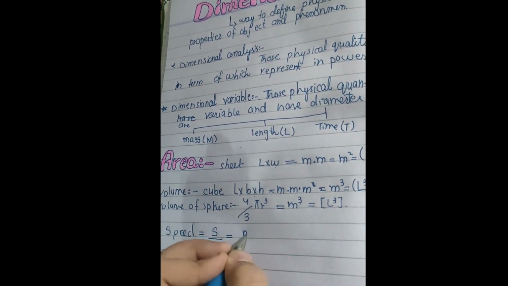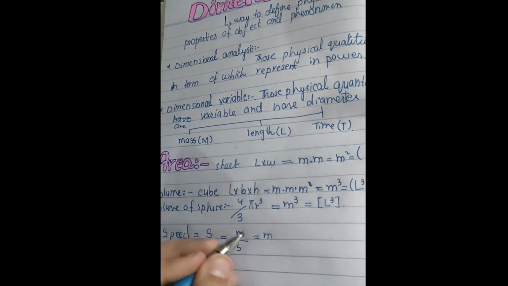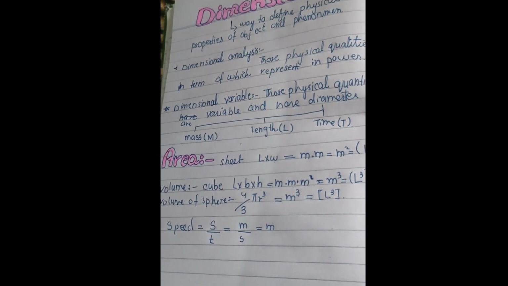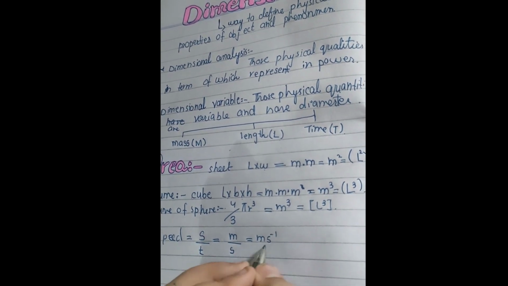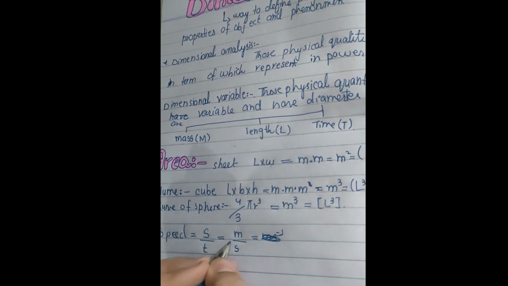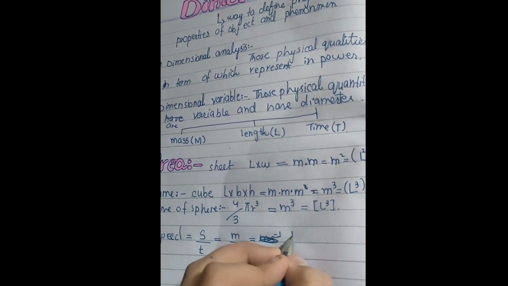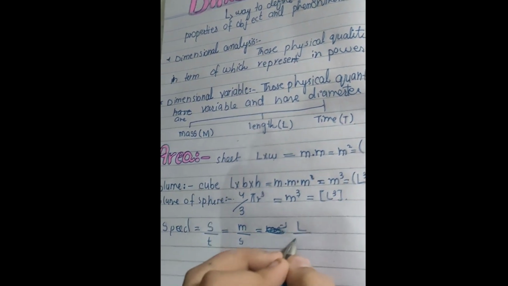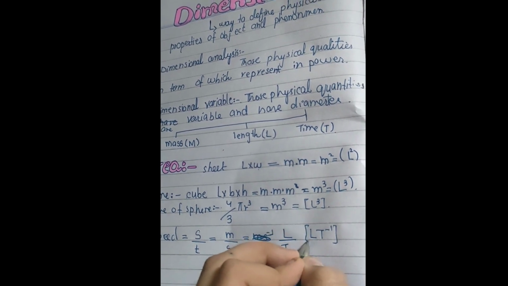For the distance we have meter, for the time we have second, so it is meter, and when second comes up we have the negative sign, that is -1. Meter is the unit of length, second is the unit of time, so this is LT^-1.